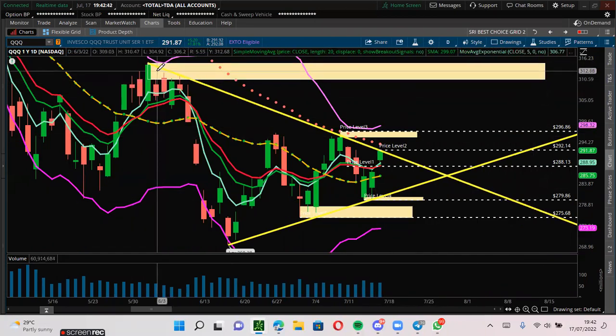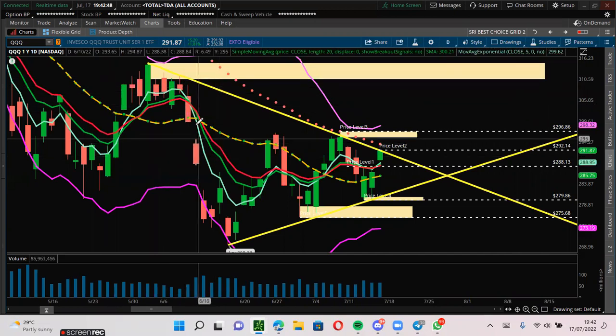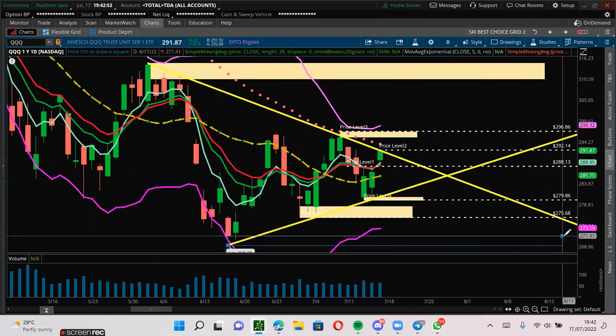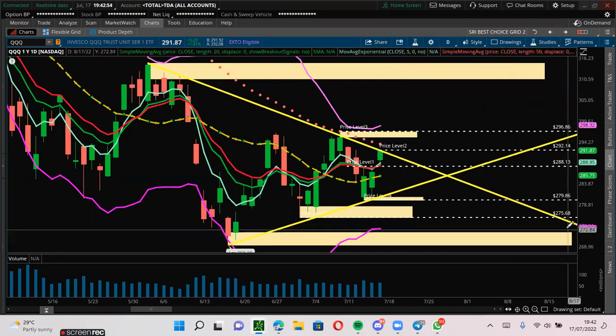This is the point where the stock tried to go up, but eventually it gave up and reversed back, right? Same thing here at this line, the stock eventually bounced back up, right?